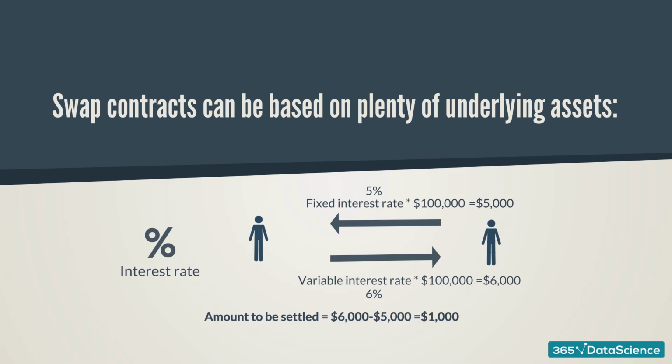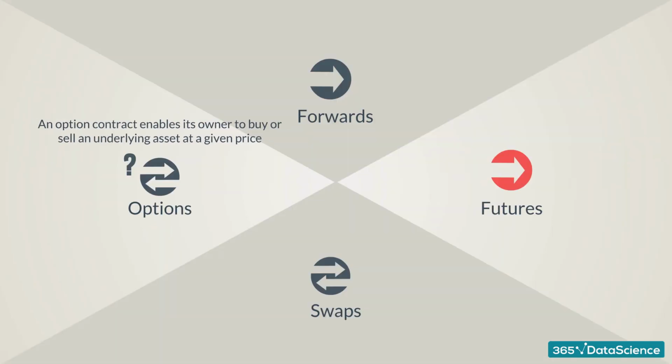Okay, great. The last type of derivative contracts we'll consider here are options. An option contract enables its owner to buy or sell an underlying asset at a price, also known as strike price. The owner of the option contract may buy or sell the asset at the given price, but he may also decide not to do it if the asset's price isn't advantageous.